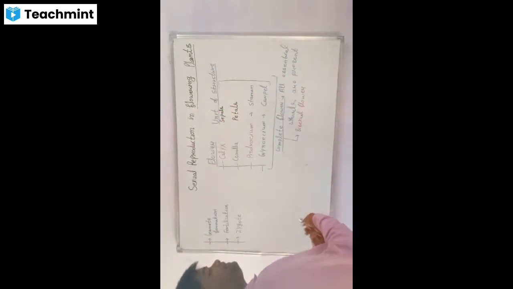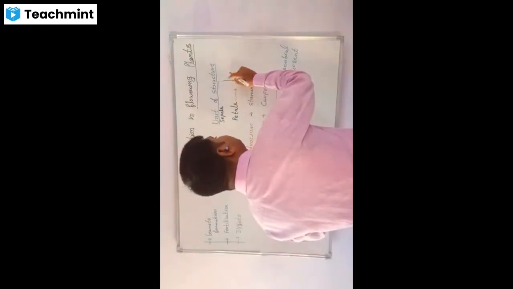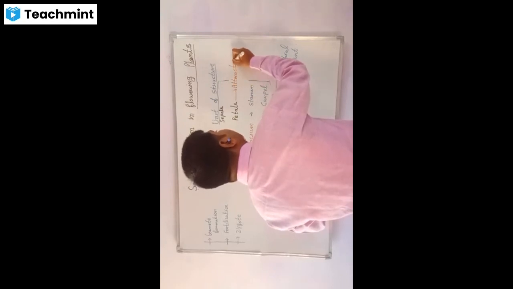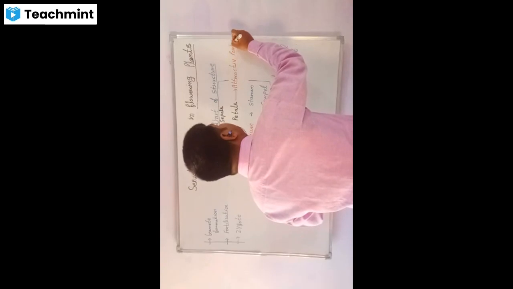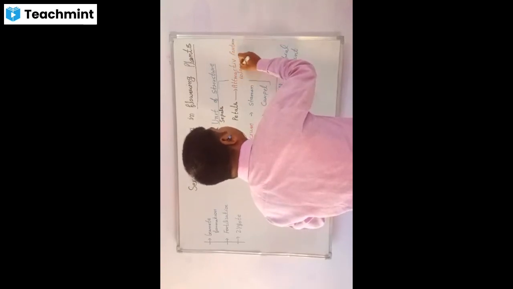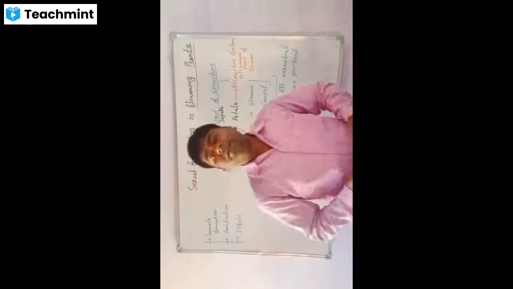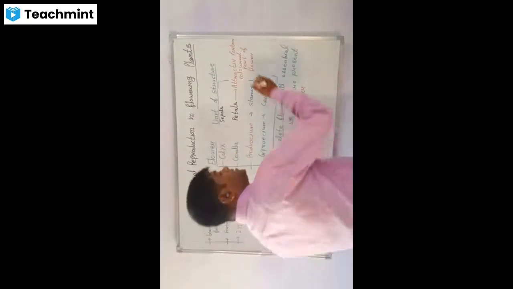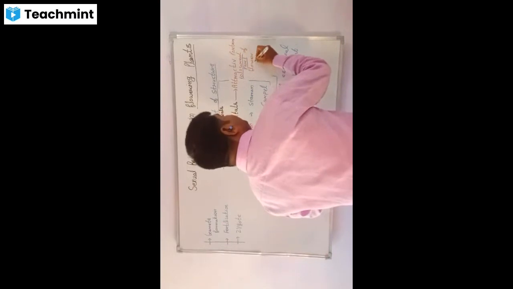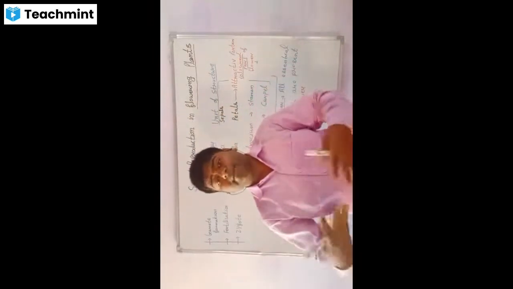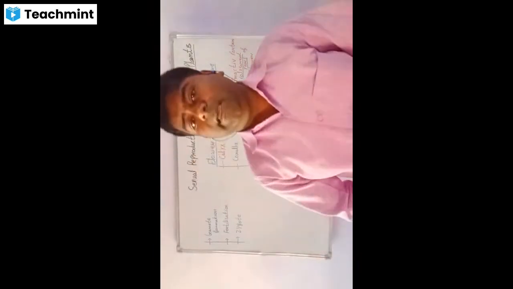Let's take corolla. Corolla is the attractive portion, the colored part of the flower, colorful, having a variety of colors depending upon the pigments. What is its role? It is responsible for attracting pollinators.